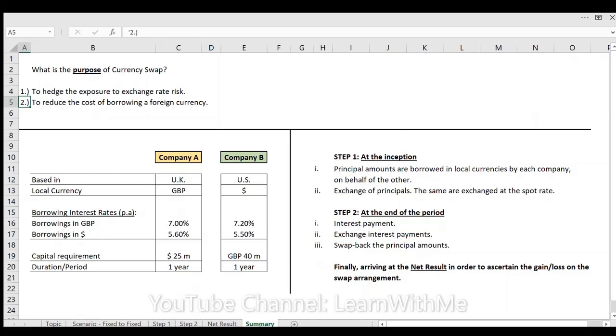And finally, the original principal amount is re-swapped. We then arrive at the net result in order to ascertain the gain or the loss on the swap arrangement. With this, we conclude our discussion on fixed for fixed currency swap.